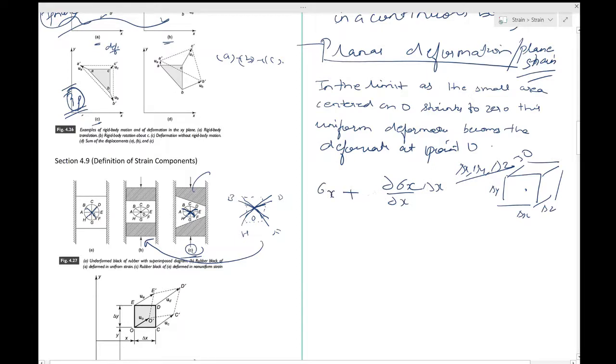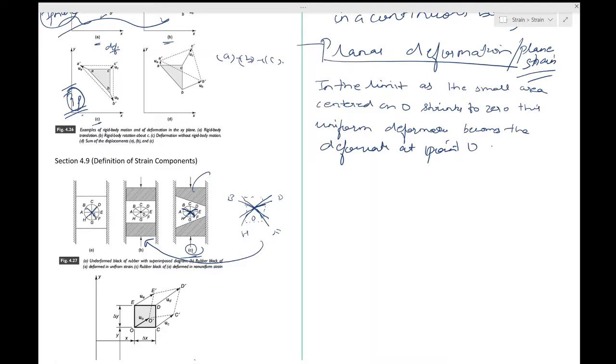So you do a similar analysis, and then you can say that the stress on the faces is actually the stress components at that point. In a similar way, the deformation in a small area which is tending to 0 is actually the same as that of that point.